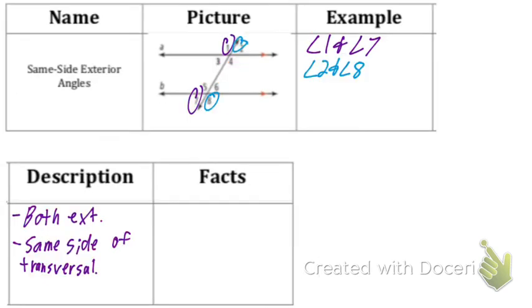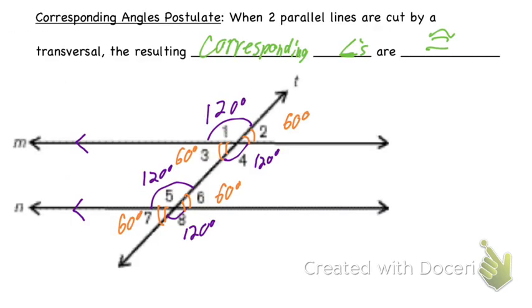Let's go back to the picture again, which you don't have to flip your page for at all. You just have to look up here. Give me a pair of alternate exterior angles. Ryan? 1 and 7. Those are same side exterior. Try again, Ryan. Yeah, 1 and 8, alternate exterior angles.